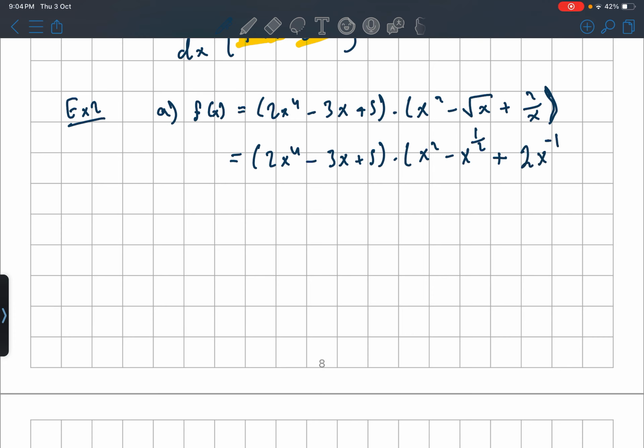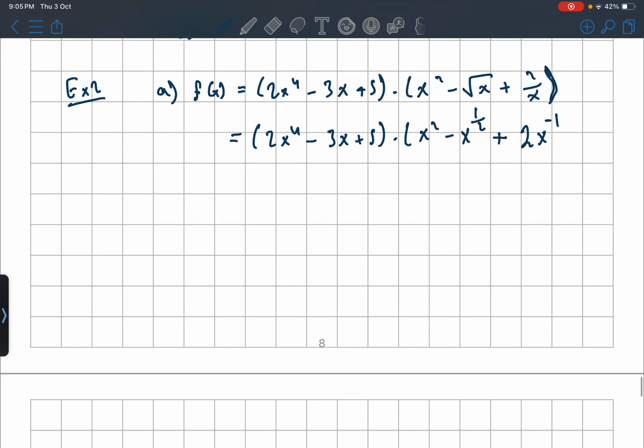I mean, you take the x from the denominator and put it in the numerator, and write it as 2x power of negative 1.